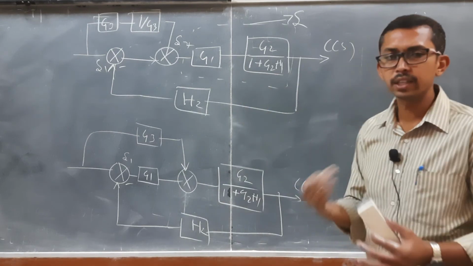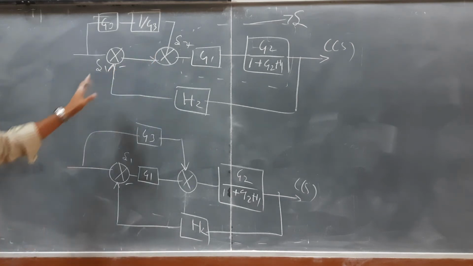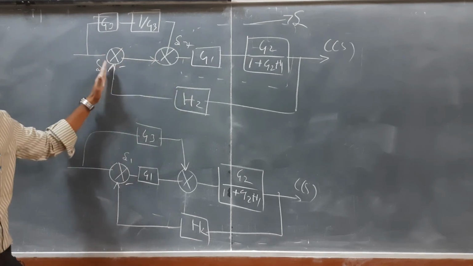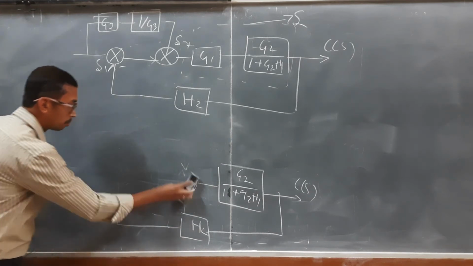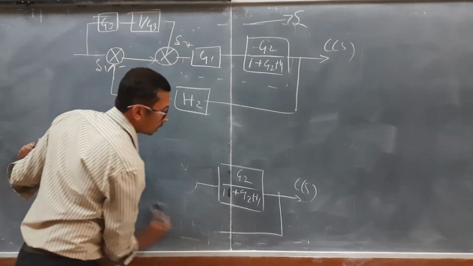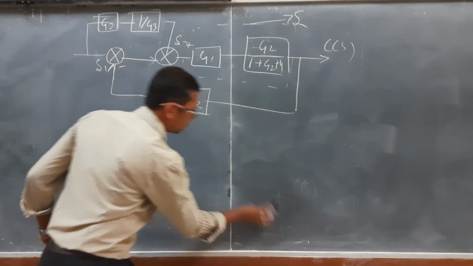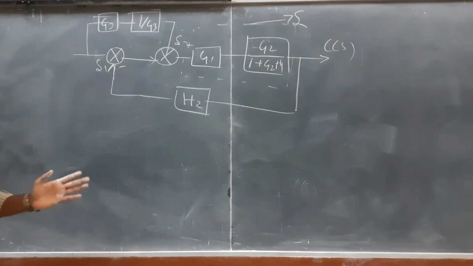Next step? Summing point 1 and summing point 2 are in series, and none of the blocks are in between. There are no blocks at all. So we are going to apply rule number 1. What is rule number 1? Associative law. If the summing points are there without any blocks in between, we can interchange the summing points.